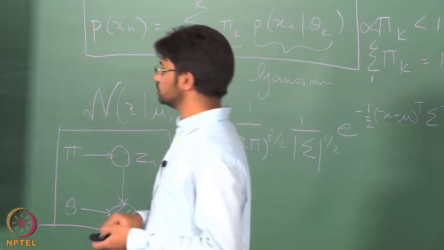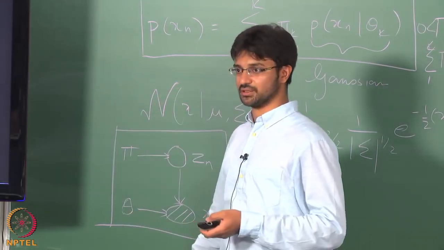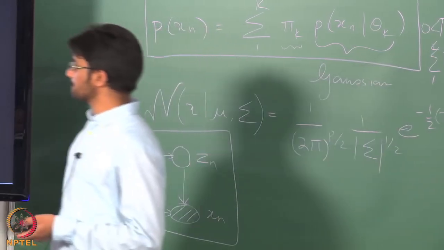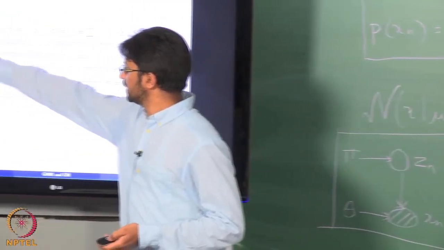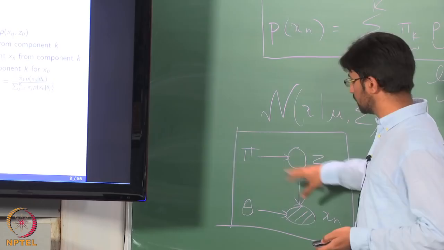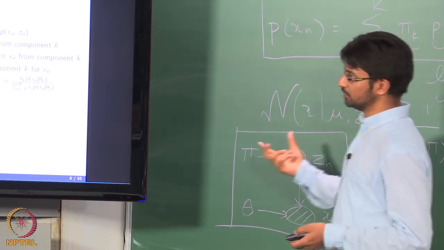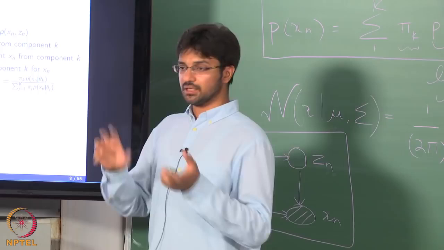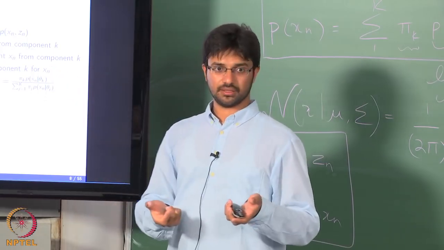So this would be a probabilistic way of doing clustering. Alright, so the probability of Zn equal to k, the probability of the latent variable or the cluster label taking a particular value, is the prior probability of the data point xn coming from the component k.